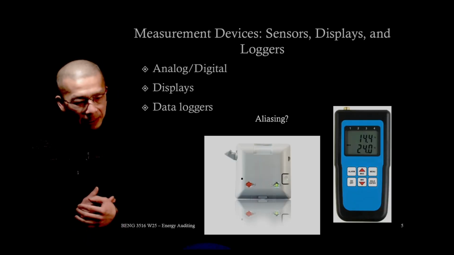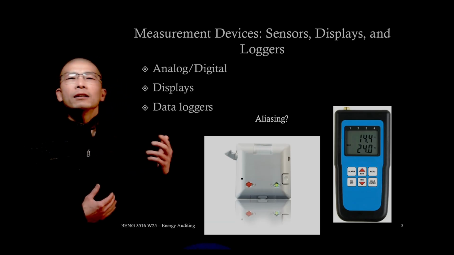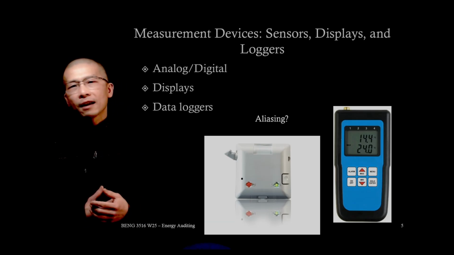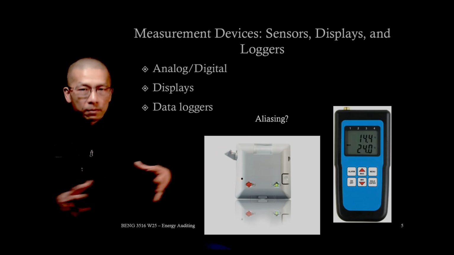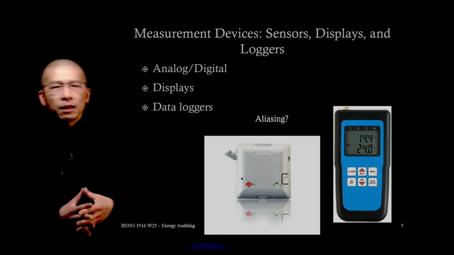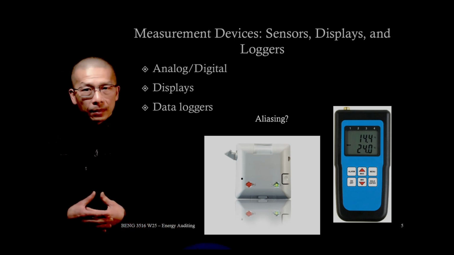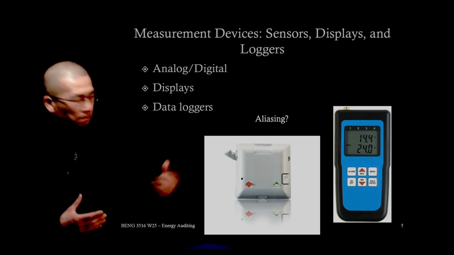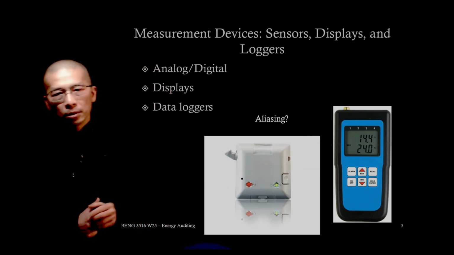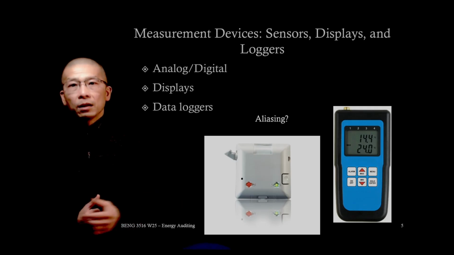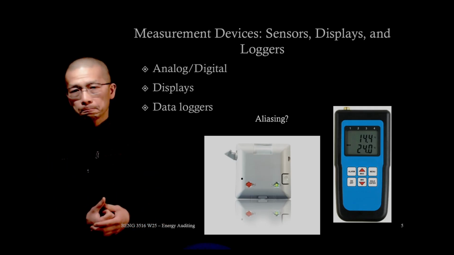A device can combine a sensor, signal processing, and display or memory data storage. They are the bridge from raw signal to data. The device on the right is a digital thermometer, could be a hygrometer. It shows temperature and humidity.